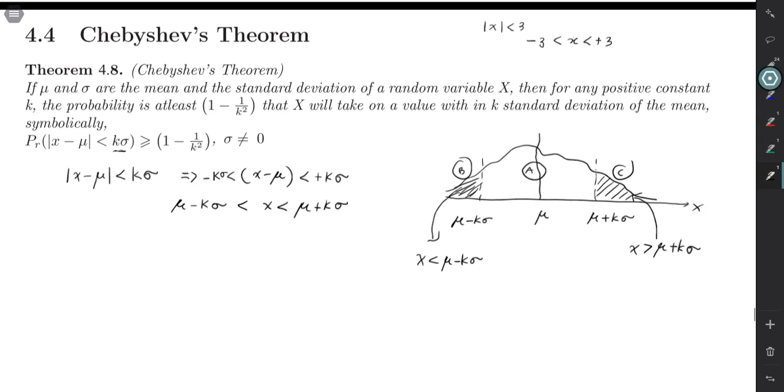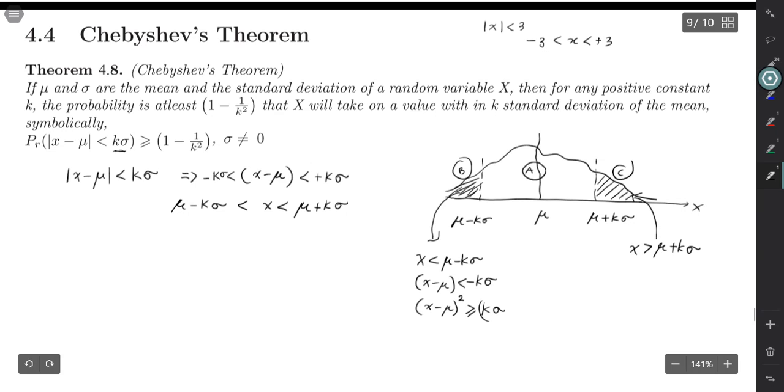Which means in area B you have x minus mu less than negative k sigma. If you square this term, when you square a negative value it becomes positive, so you end up with greater than or equal to k sigma square.